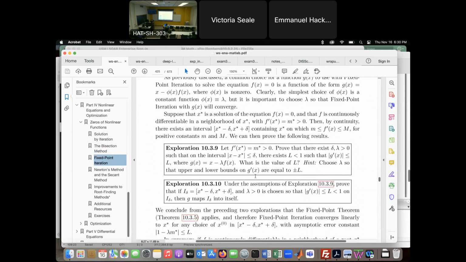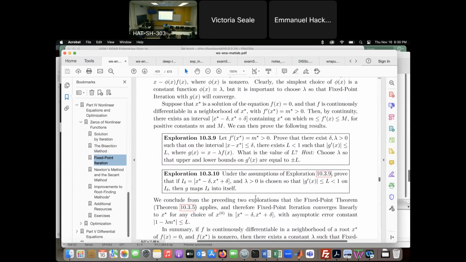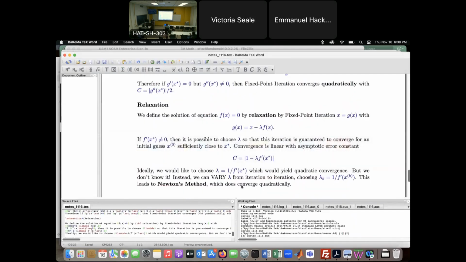These problems right here show how it's done, using some ideas from before. But I won't go through all that here because we've been here long enough.